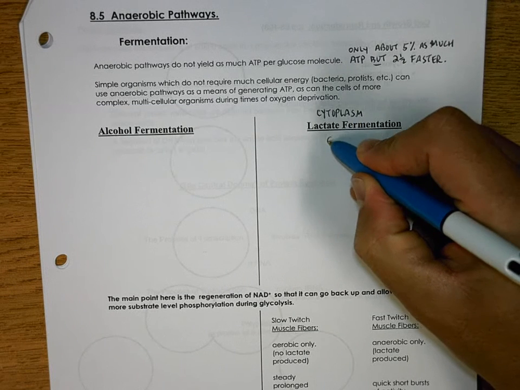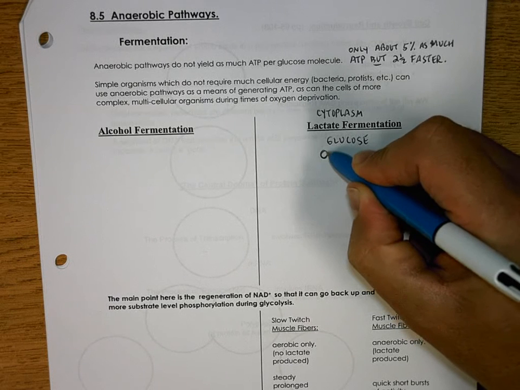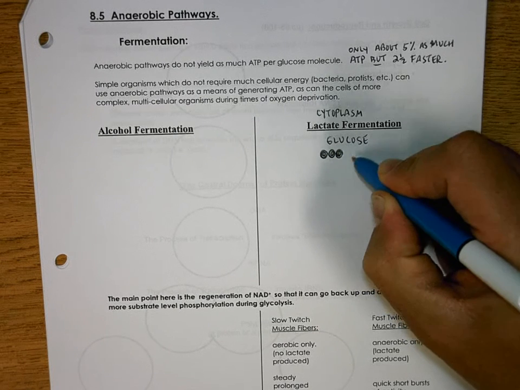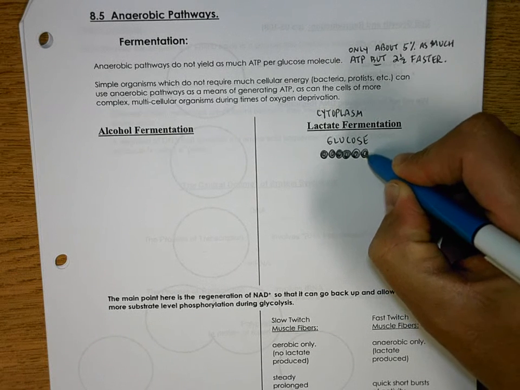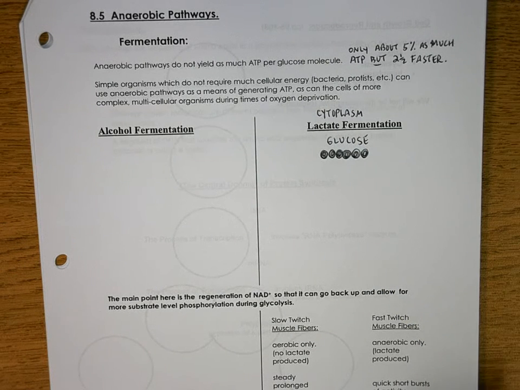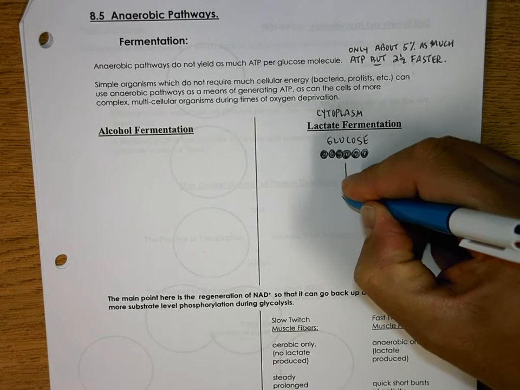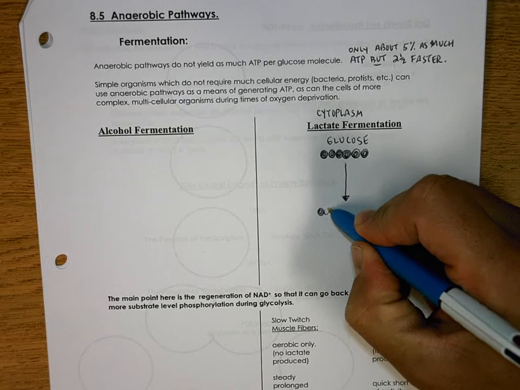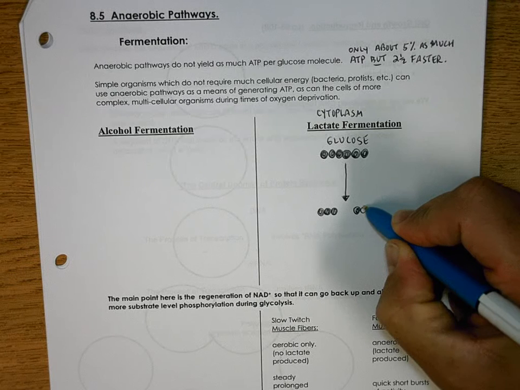So let's start with glucose. We'll make it symbolically here with our little 6 circles, which is supposed to represent the 6 carbons of glucose. And we know, if we summarize what happens during glycolysis, that 6 carbon glucose breaks down into 2 3 carbon pyruvic acids.